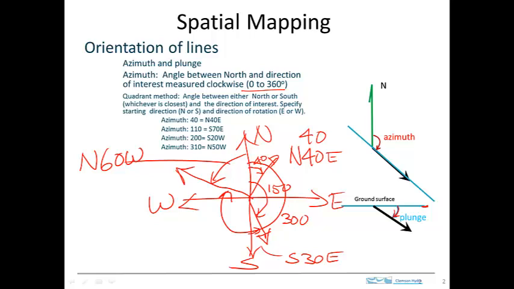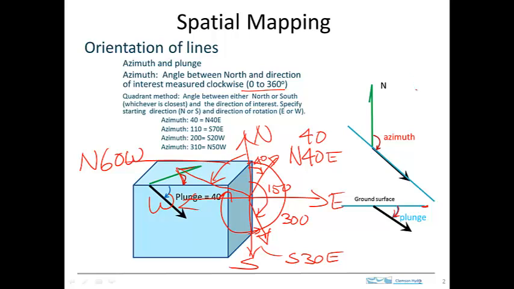Okay, so both of these methods are used to describe the directions of lines. You're welcome to use either one, and you need to understand how both of them work because you'll probably see both. But what I would recommend is that you adopt one or the other and stick with that one just to be consistent.